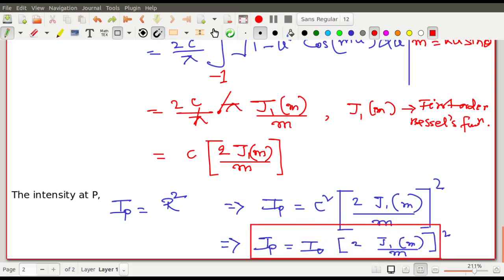There is nothing else to be not understood. Fine. Just write that this c square I have replaced by I0, that's it. Fine, okay, done.